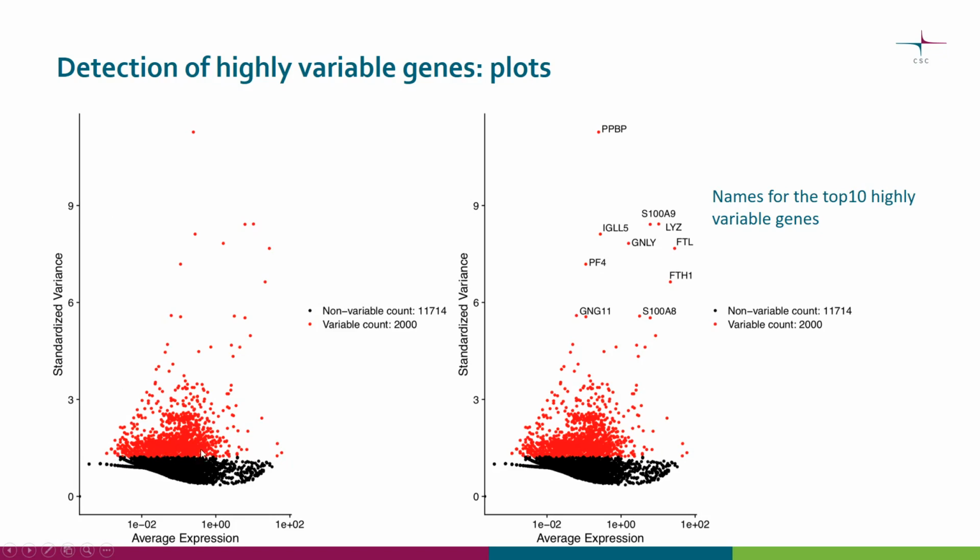And now the Seurat tool has colored those 2000 genes which have the highest variance. They have been colored red. In this plot, it's exactly the same, except that the 10 genes that are most highly variable have also been named.